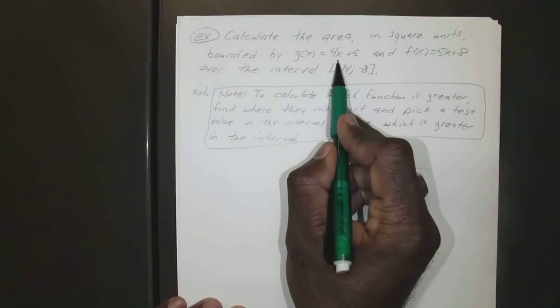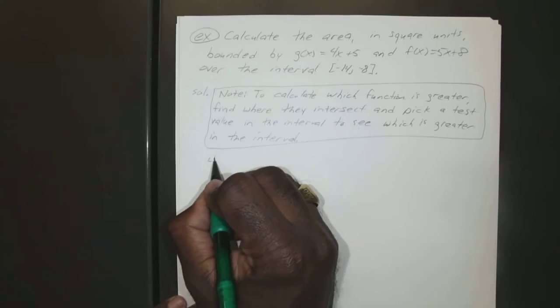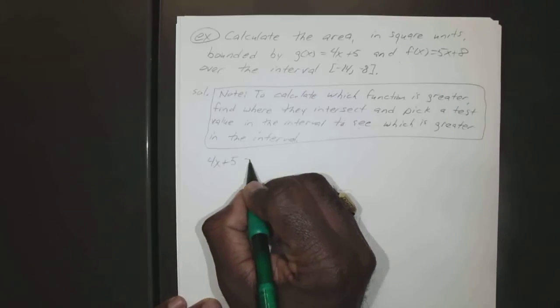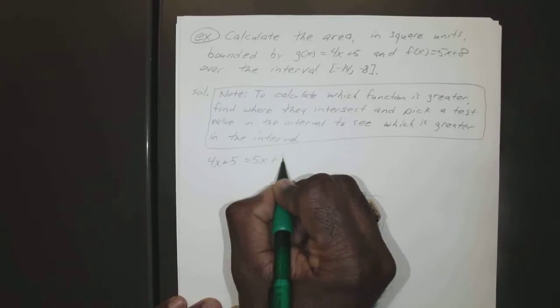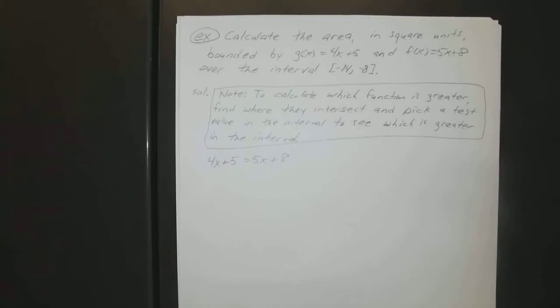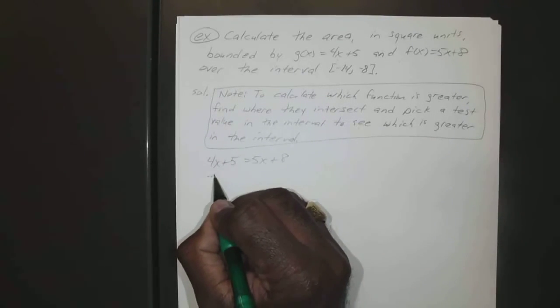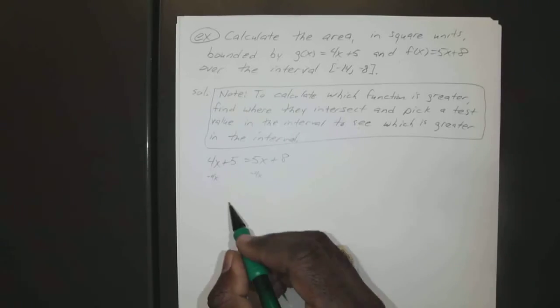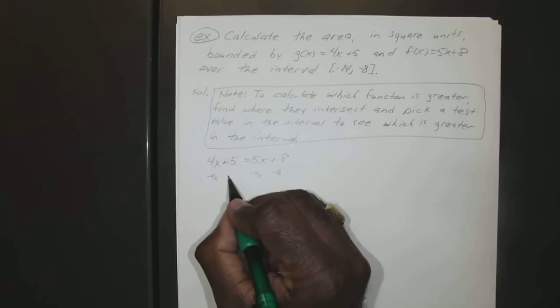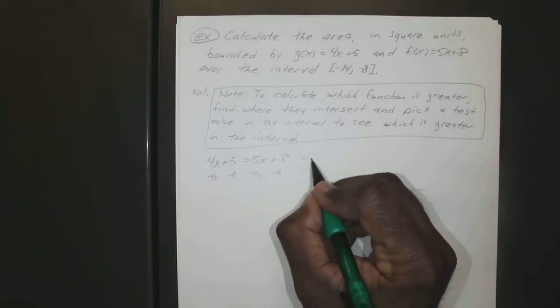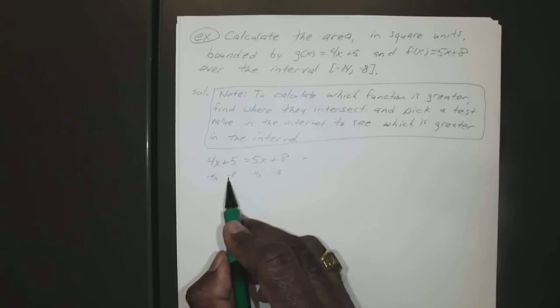Okay. So we want to find out where they intersect. We just make 4x plus 5 equals 5x plus 8. So if we subtract 4x from both sides and subtract 8 from both sides, we end up with x equals -3.